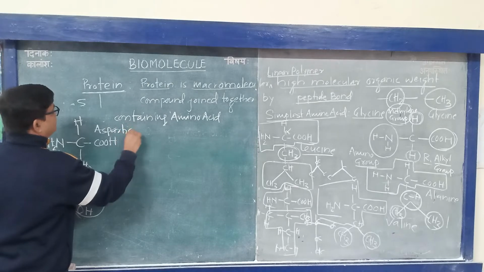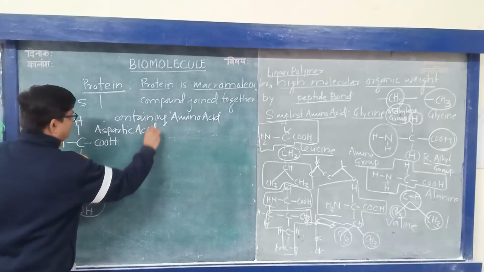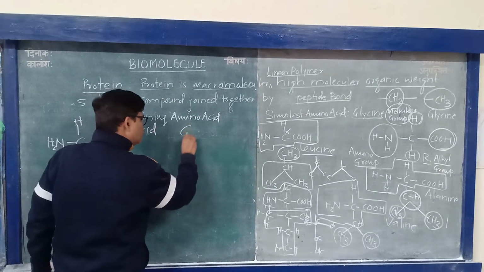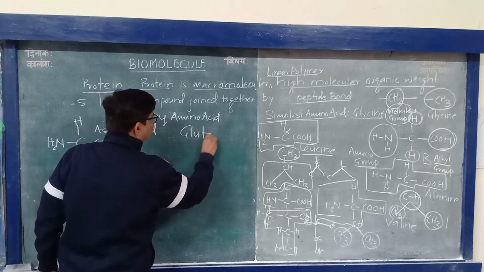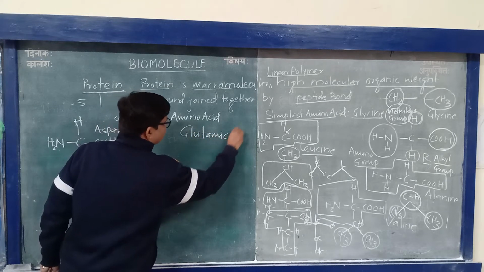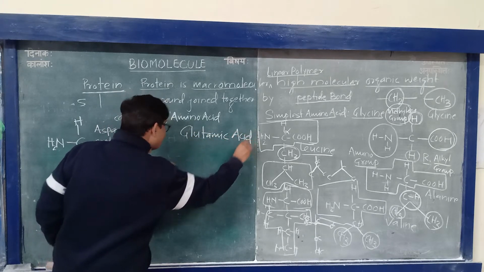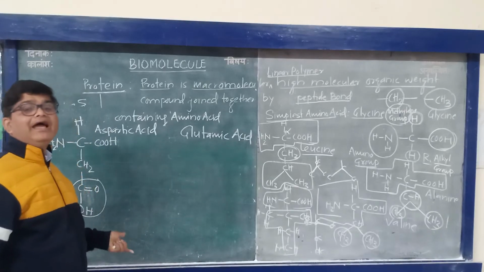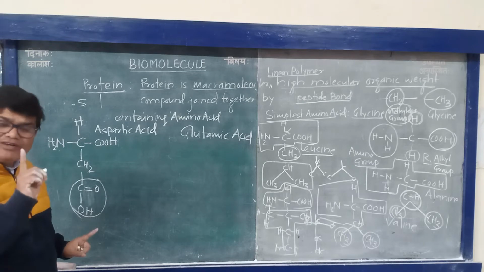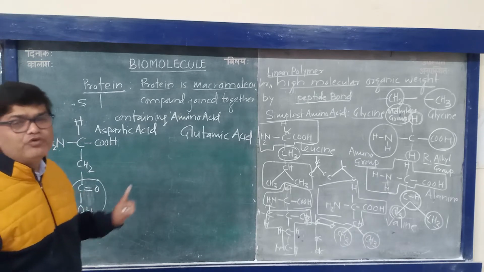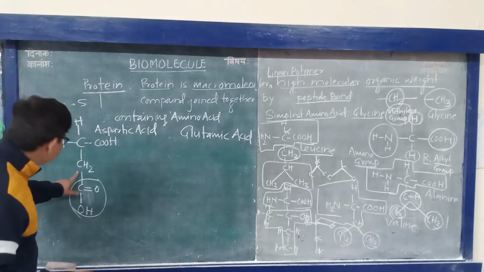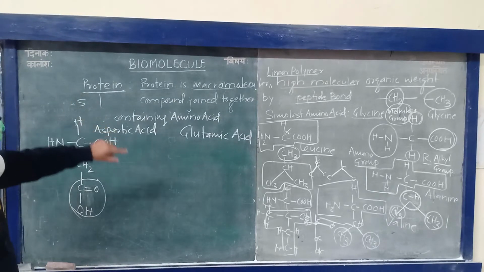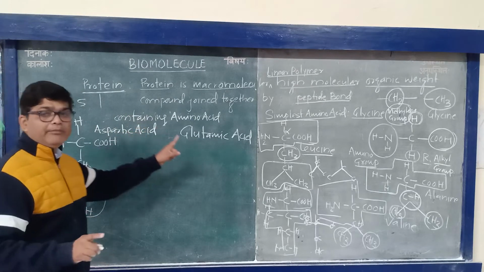that is aspartic acid, and the other is glutamic acid. So what is the difference between aspartic acid and glutamic acid? If you add only one methylene group in this case, then it is converted into glutamic acid.